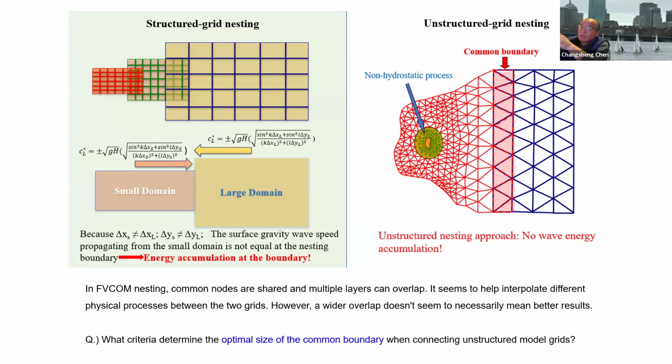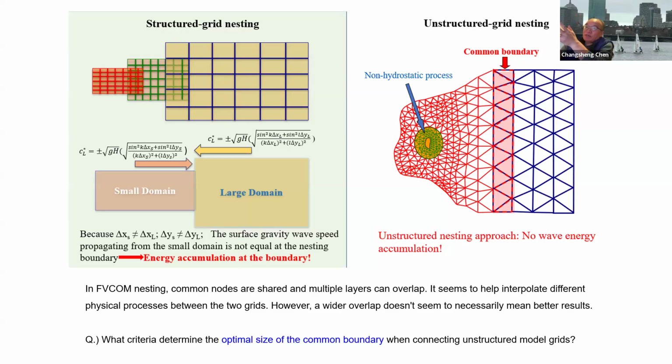That's what the right side of the picture shows you. You get a graded transition from high to low resolution, in the big model grid. So the wave propagation speed, although it is not the correct one, at least is consistent numerically. When you reach the boundary, your speed is the same as your larger domain model. This way you don't have energy accumulation at the boundary.